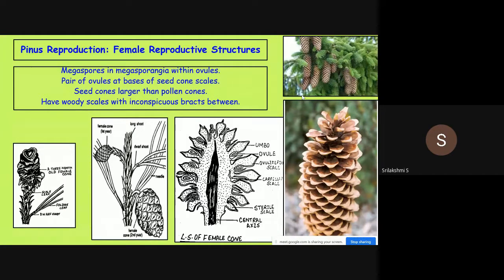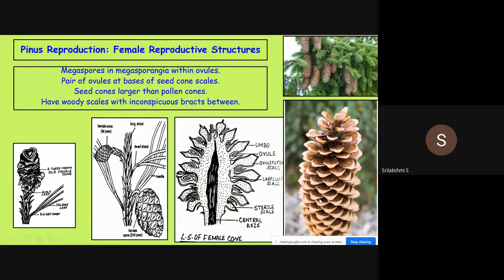The female cone is made up of numerous leaf-like structures called megasporophylls. You know that. The female cone is a compact cone-shaped structure which has a central axis surrounded by numerous megasporophylls. These megasporophylls, which are spirally arranged around the cone, have two structures.